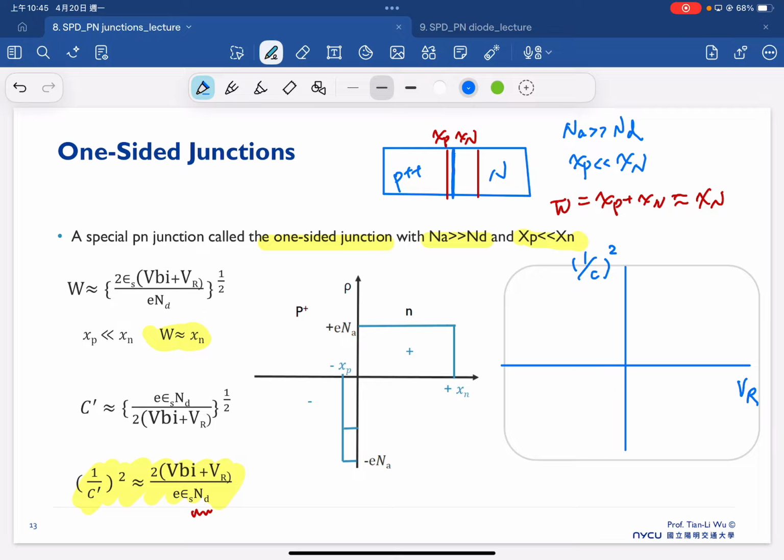And then we should be able to have this straight line where the slope is equal to 2 over (epsilon_s q N_D).